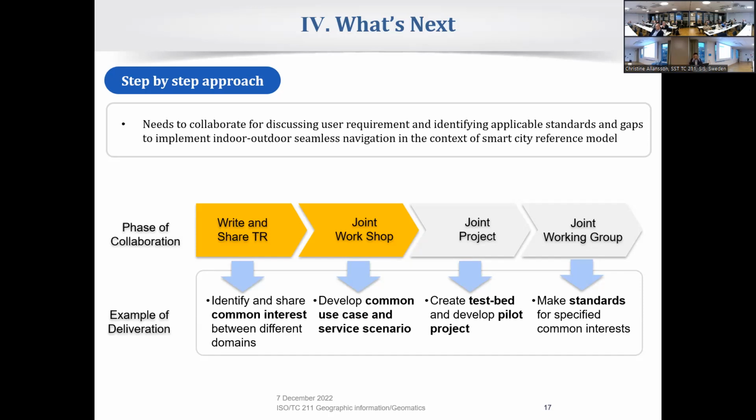So usually it is a very good idea to have a technical report about the current state and then try to join the efforts together, forming a joint working group or joint workshop, and do a joint project. Those are the steps that I recommend to take. So I think that would be the last presentation. Thank you.